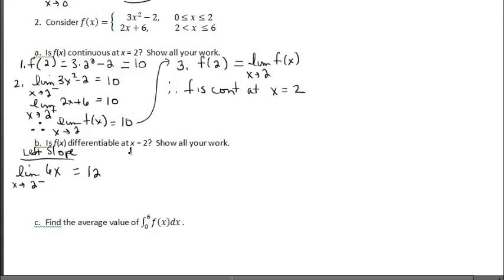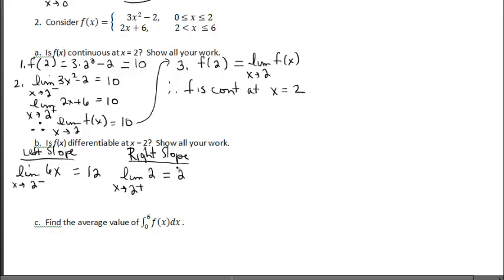Let's find the right slope. So the limit as x approaches 2 from the right. That would mean we're on this linear piece. That derivative is 2. Now plug in the 2. Well, that's going to give me a 2. The parabola ends pretty steeply, but the linear function not so much.